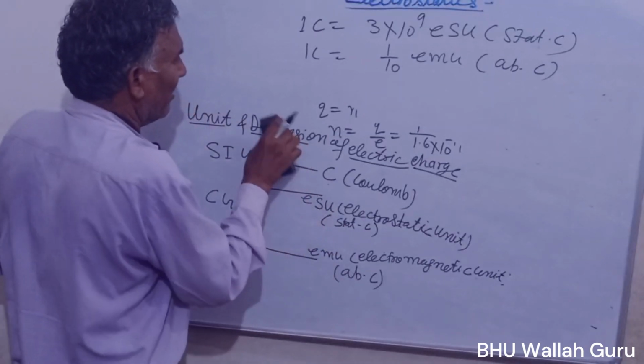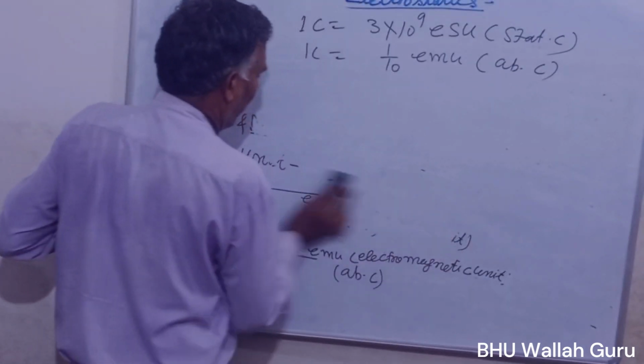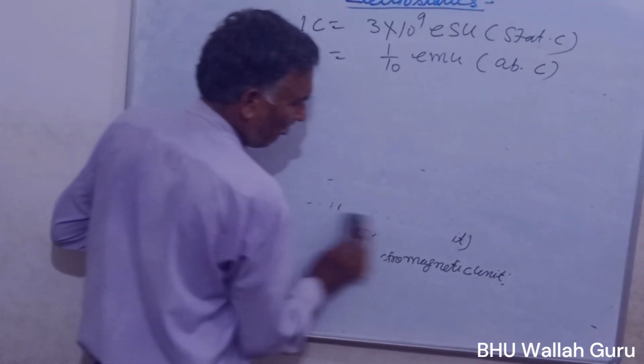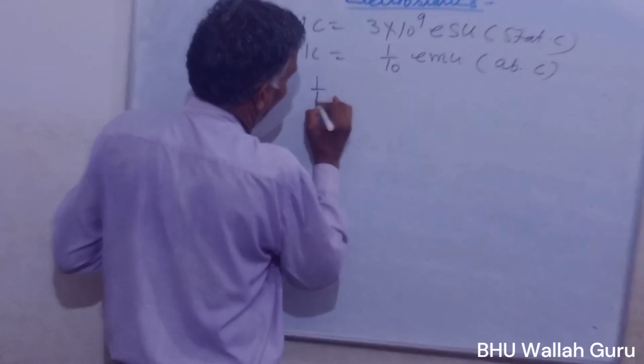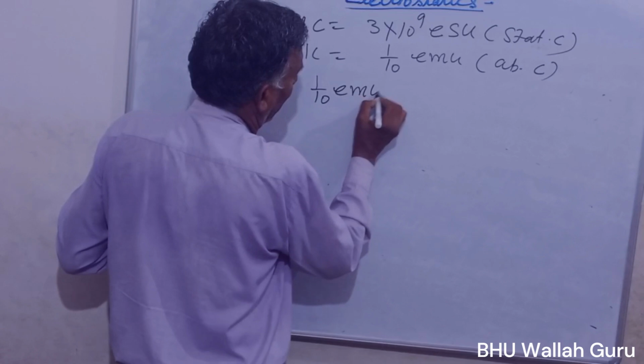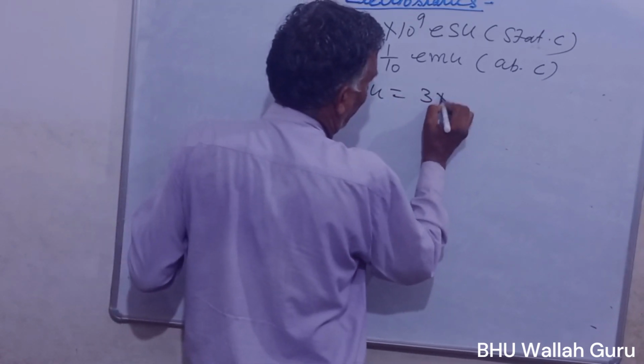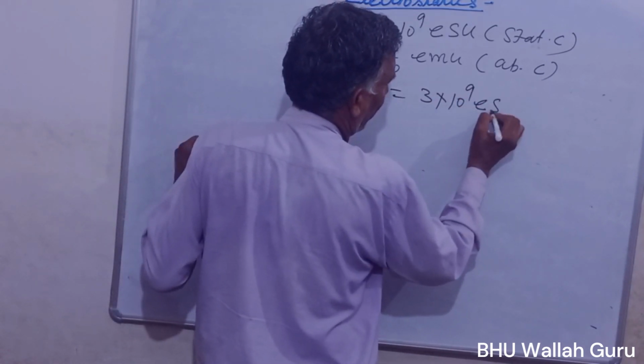We can establish the relation between EMU and ESU. 1 upon 10 EMU is equal to 3 times 10 to the power 9 ESU.